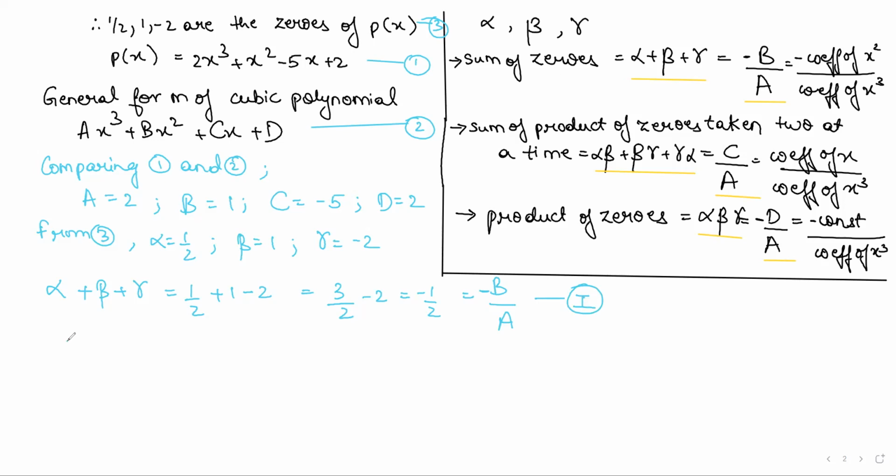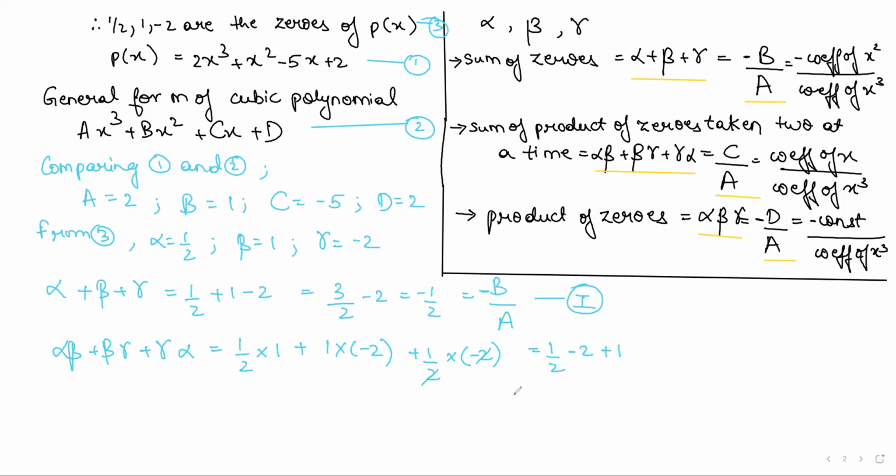The second equation is alpha beta plus beta gamma plus gamma alpha. What we are doing is checking whether LHS equals RHS or not. So we will put values in the LHS and see if we get the RHS. 1 by 2 into 1 plus beta gamma, which is 1 into minus 2, plus 1 by 2 into minus 2. This is half into 1 is half, minus 2 plus 1.